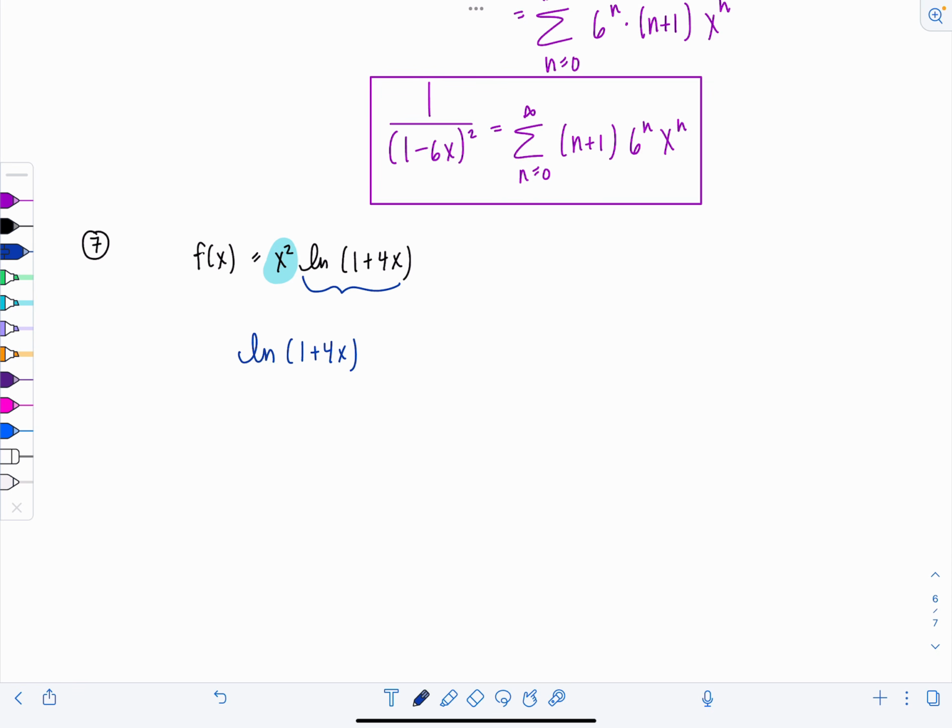No. We take the derivative first, and then we'll find a power series for it. So the derivative of ln of 1 plus 4x is 1 over 1 plus 4x times, don't forget the chain rule, times 4. Okay, so that's, let's see, 4 times 1 over 1 minus negative 4x, right?